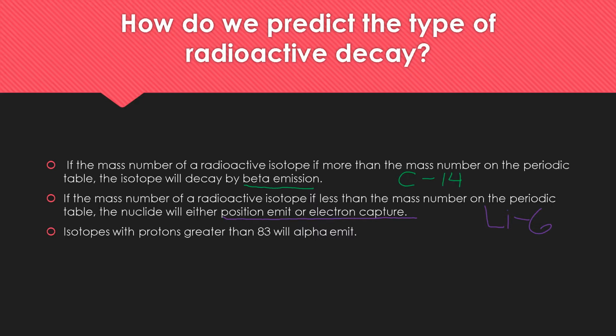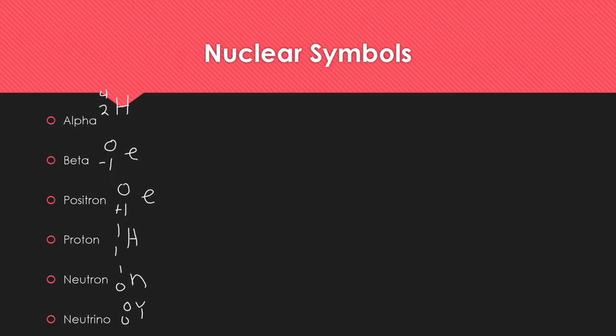And lastly, isotopes with more than 83 protons will undergo alpha emission. Examples of that would be radon or francium. And next, we need to know our nuclear symbols, which are going to be critical when balancing a nuclear equation. And we will run through some examples in our next slide.